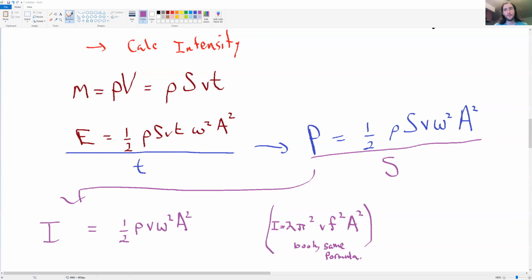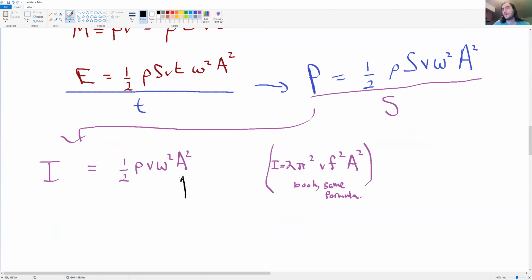Okay, so here's one interesting fact that we're going to carry with us into chapter 12. What we're going to see is that intensity is related to volume. And when I say volume, you of course have to understand I only mean in the case of sound, right? If we're talking about some other kind of wave, then volume doesn't really make sense anymore.